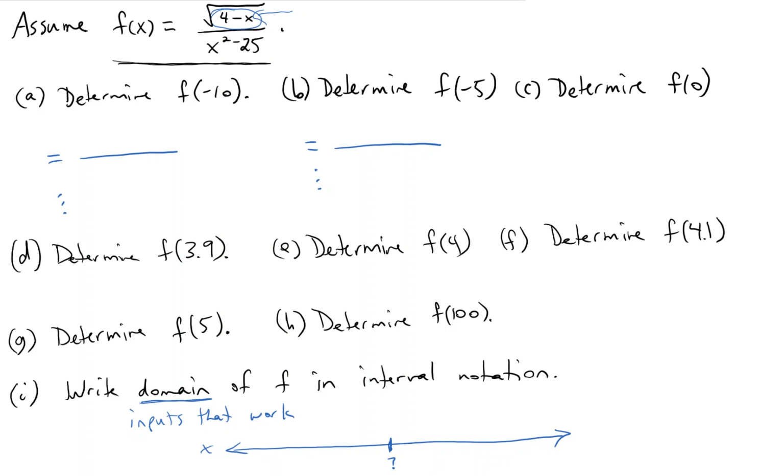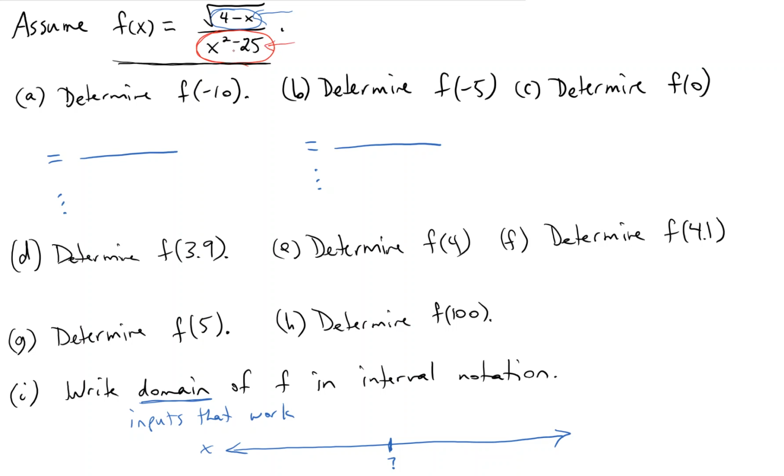Now, that's not the only calculation issue you could run into. You've also got division in this function. So any x value you choose also can't cause problems with the division. So in this case, you're going to find values of x that make this equal to 0.